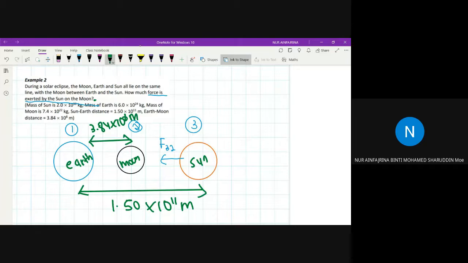Okay, what about the distance from moon to sun? Okay, siapa tahu how to calculate the distance from moon to sun? Jarak sun tu Earth tu tolak dengan Earth to moon. Very good. So, awak akan ambil jarak earth to sun tolak dengan jarak earth to moon. Okay, cuba tekan kalkulator. Bila korang tolak, korang dapat berapa?